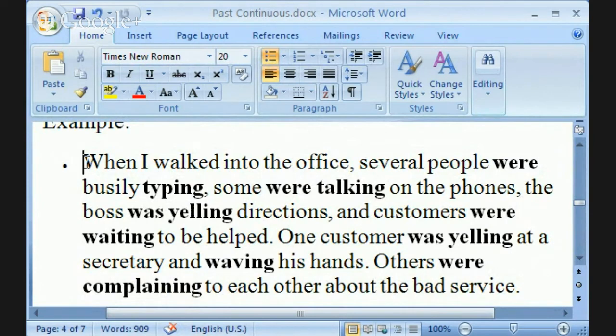The atmosphere was one of frantic busyness. People yelling and screaming and jumping and running around. So the atmosphere, the feeling is probably not very comfortable. The boss is yelling. There's people complaining. Quite the opposite of romantic, that's for sure. Quite far away from that.